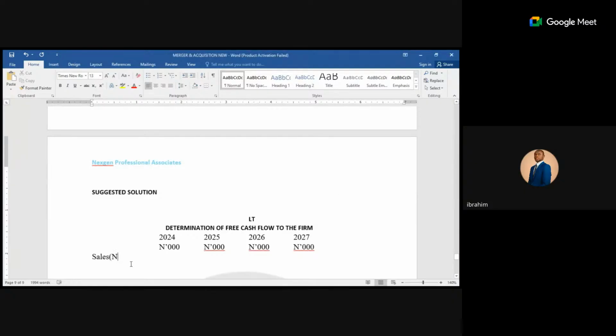So 7,500, and it will grow by 6%. So if it will grow by 6%, what do we have here? 7,950.